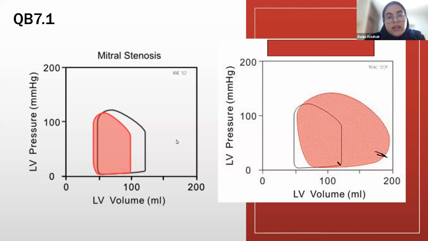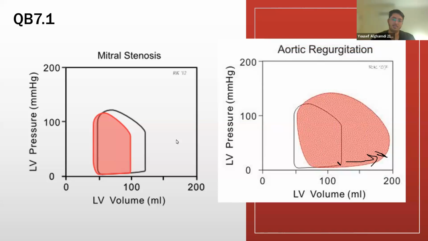So EDV is a lot. It's too much blood remaining in the ventricle. That means the ventricle is not pumping enough, or it's pumping correctly and it's leaking back. Exactly. So, Yousef, can you remove the box? Very good explanation. It is aortic regurgitation. Does anyone have any questions on these two?